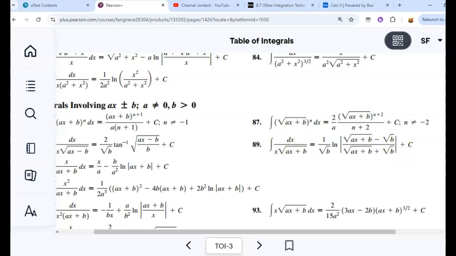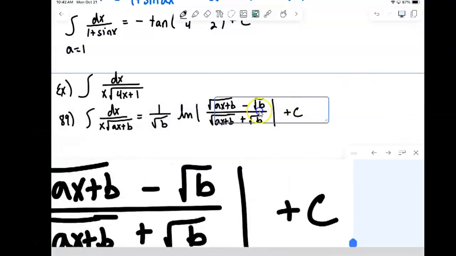So looking at formula 89, we notice that our integral fits that format.